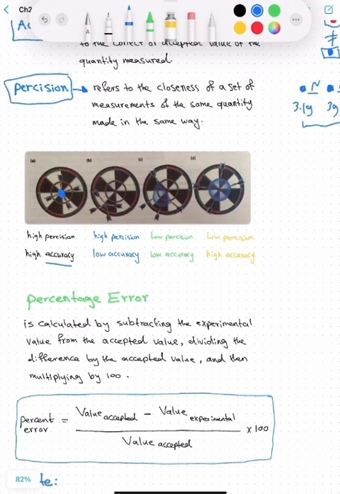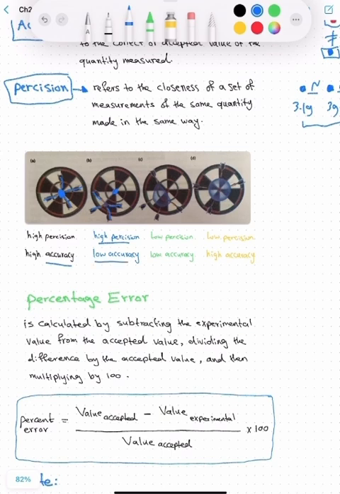We also have high precision. Why? Because all of our answers are close to each other, okay? The second one, we have high precision. Why? Because all of our answers are close to each other, but they should be here, right? This is our true value. They are away from here, meaning that we have low accuracy.